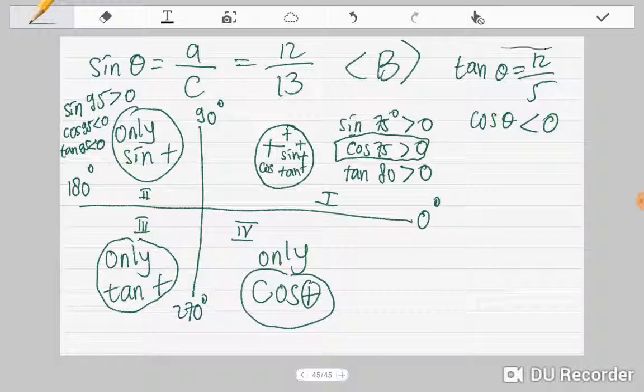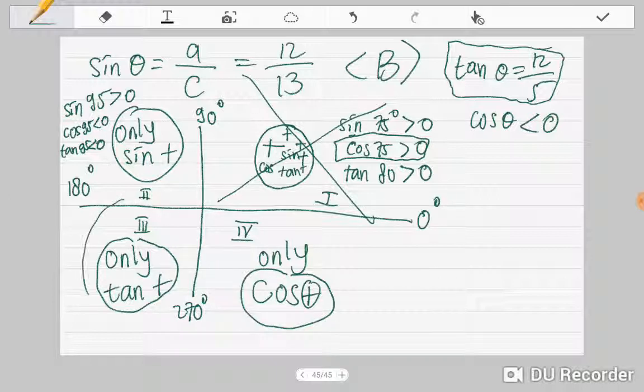We know that tan theta is positive, so if it is not in the first quadrant, it's definitely in the third quadrant, because in the third quadrant only tan is positive. Here tan is negative, here tan is negative, only here and here tan is positive.